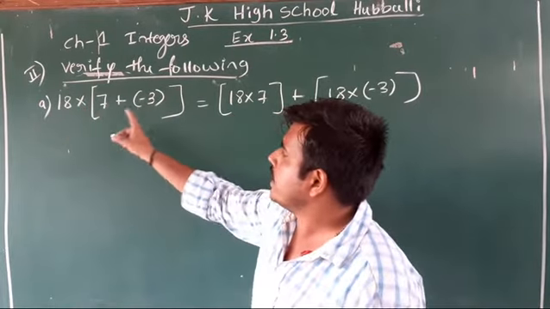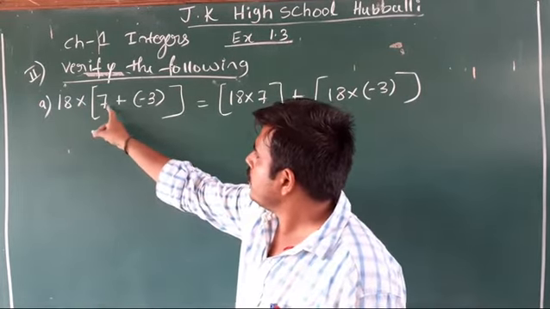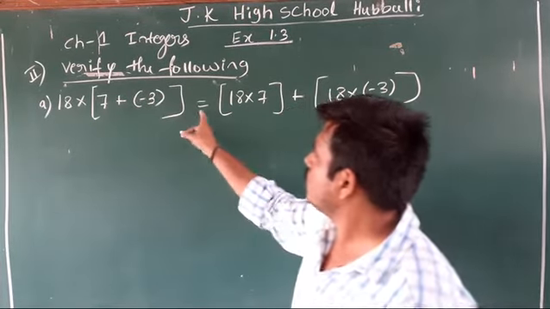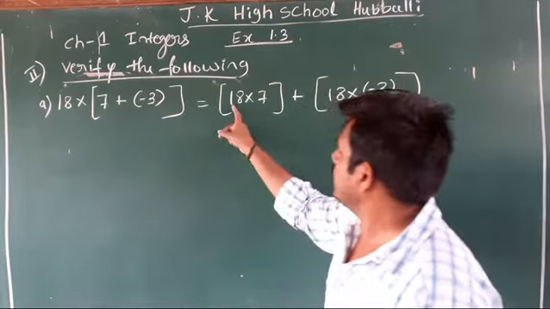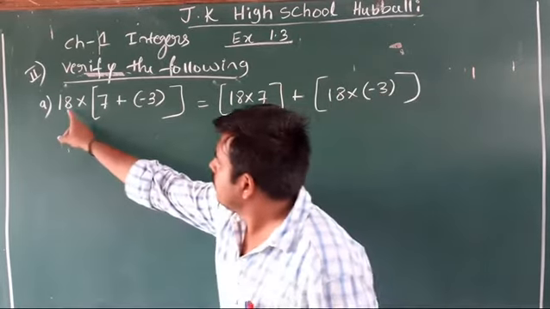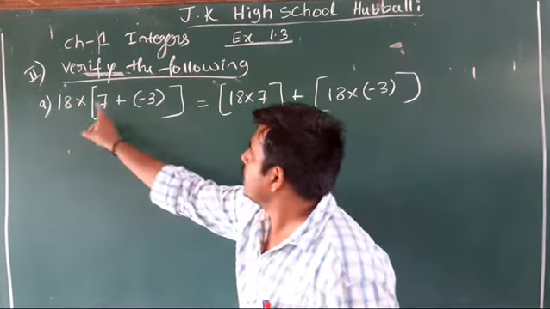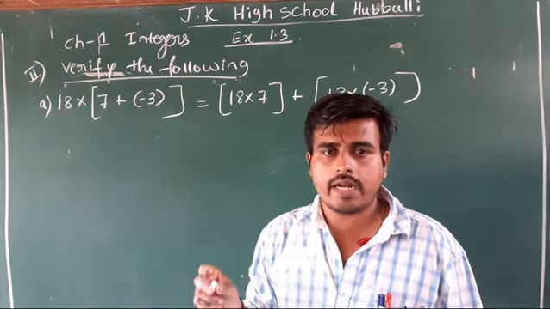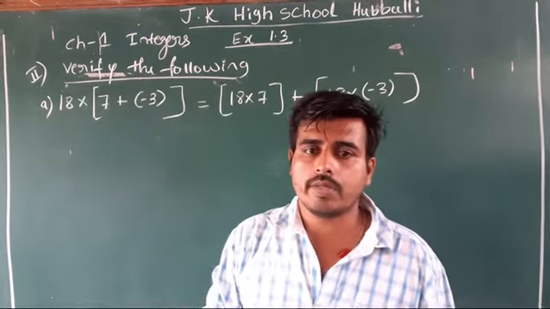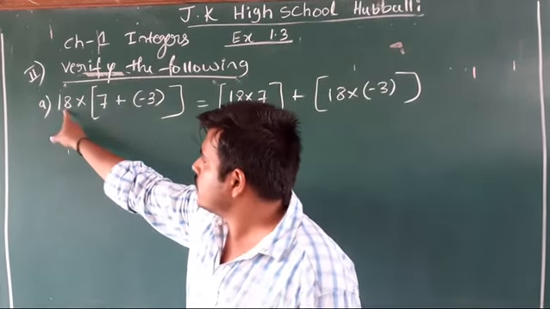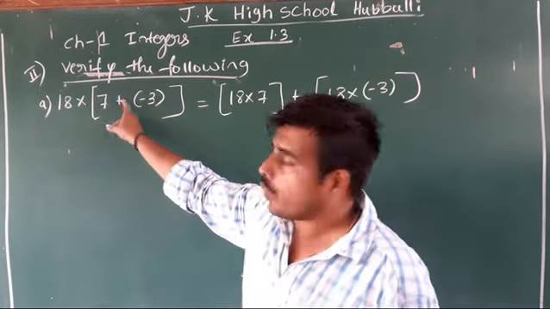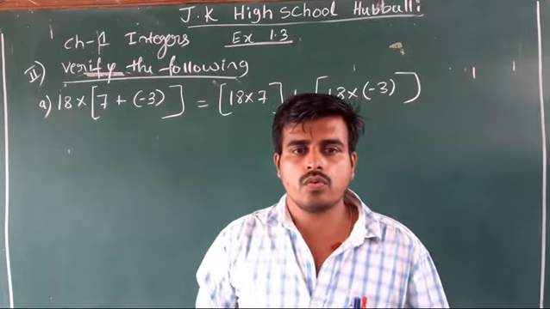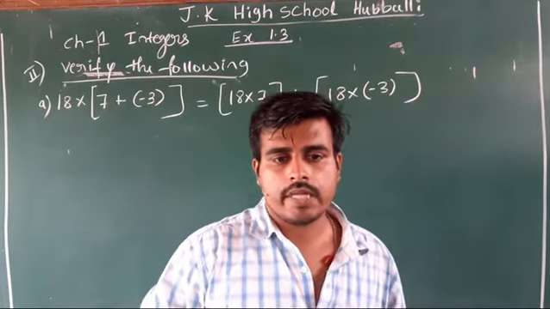A into (B plus C) is equal to A into B plus A into C. We all know that the distributive property of multiplication over addition for integers is always true, but still we need to solve LHS and RHS separately and check it.